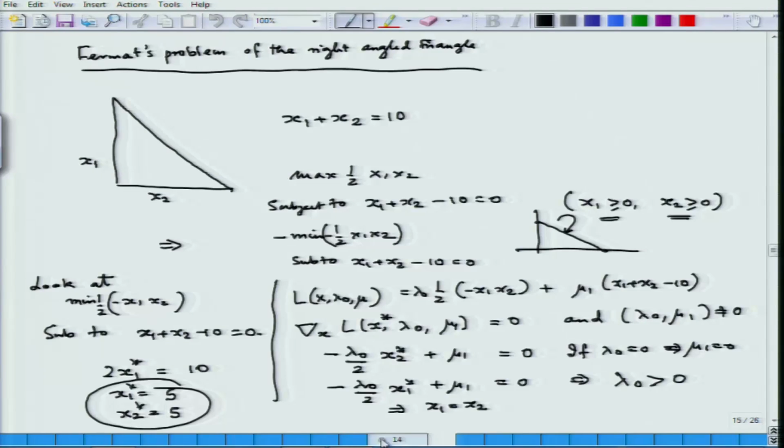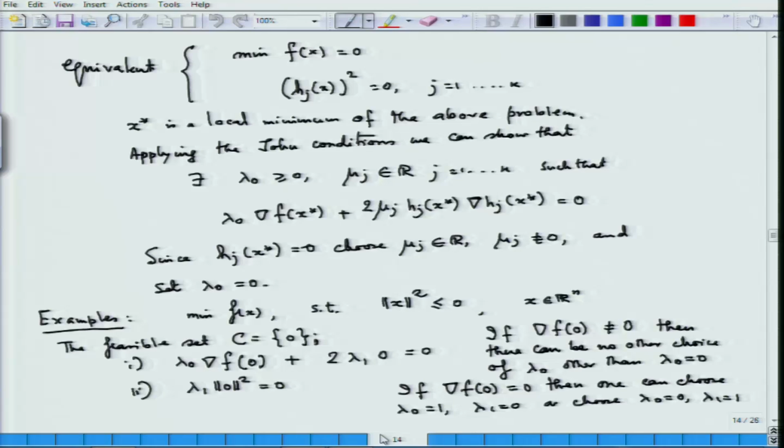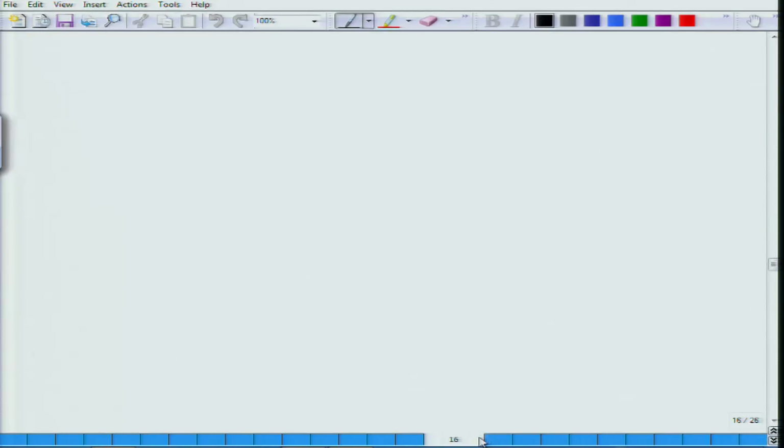So, in the last classes we were talking about how to compute things, about normal and abnormal multipliers. Just to recall, the Fritz John multiplier set can be written like this. This is associated with f, this is associated with g and this is associated with h.